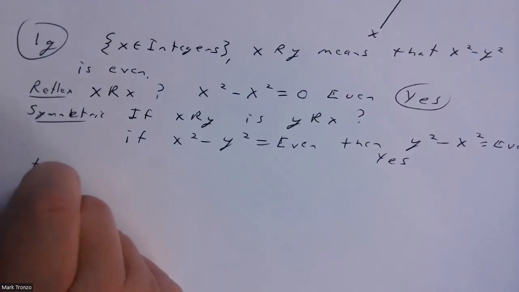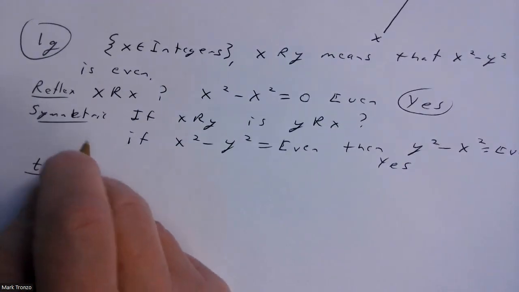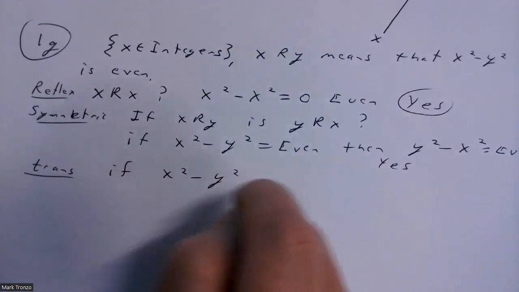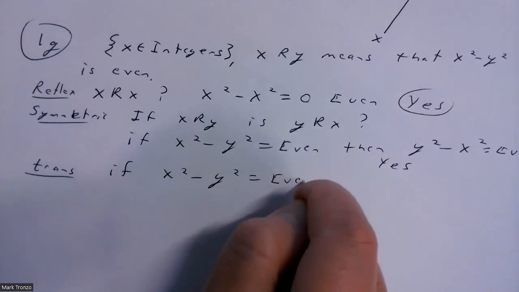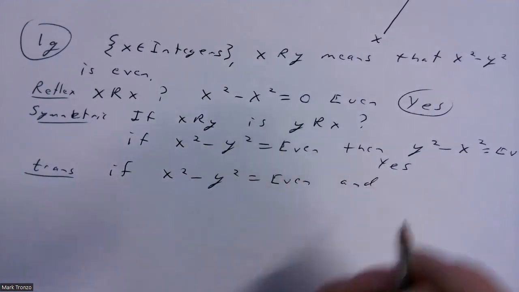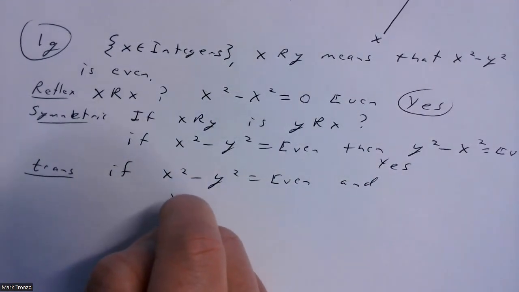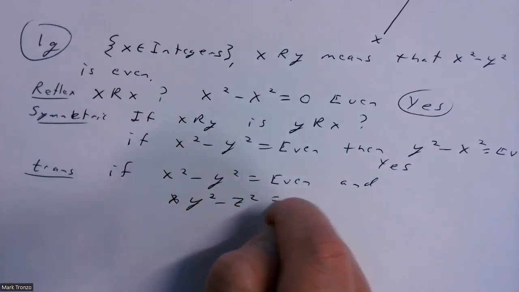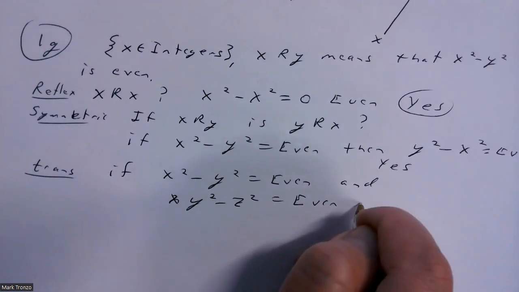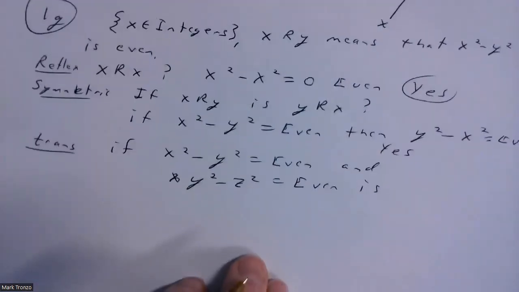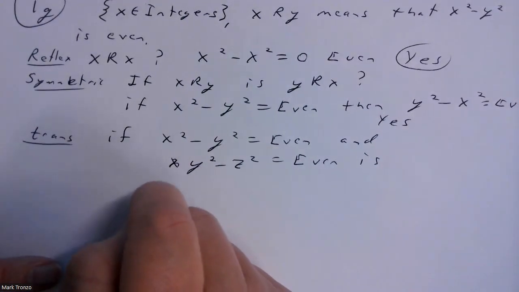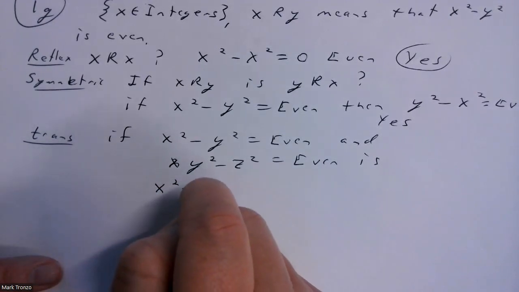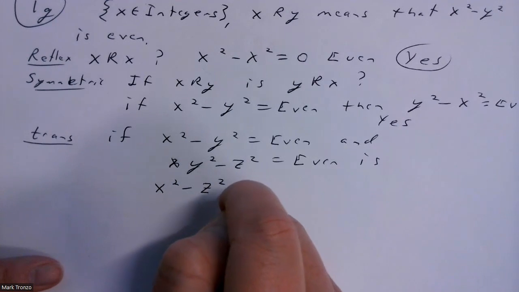And transitive. If X squared minus Y squared is even, and Y squared minus Z squared is even, is X squared minus Z squared even?